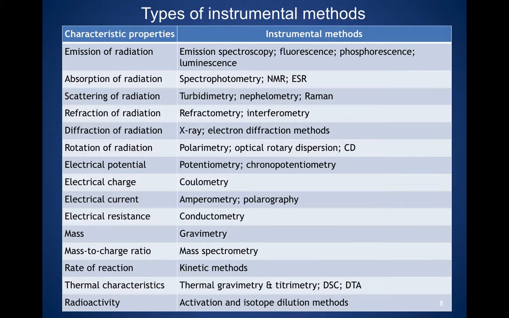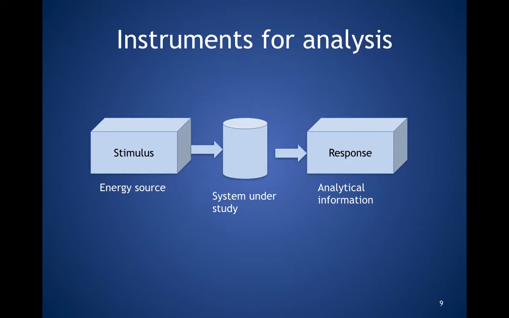We can use, for example, spectrophotometry or NMR or ESR, nuclear magnetic resonance and electron spin resonance techniques. So again, the left column tells us our characteristic properties, and the right column, the different techniques or instruments that can be used to detect these properties.